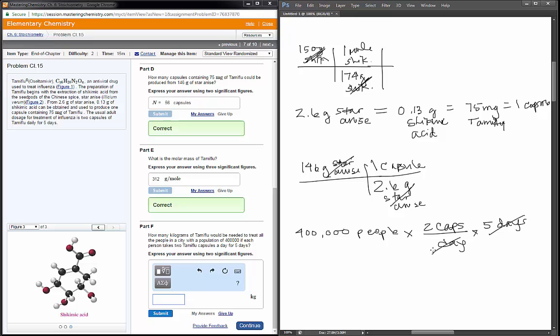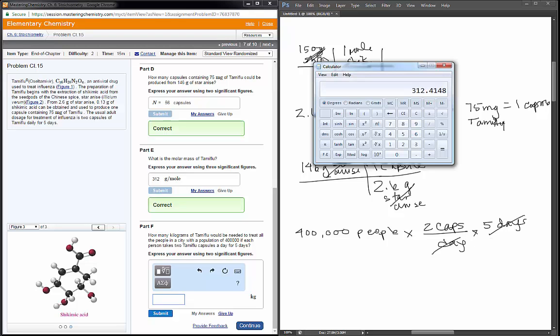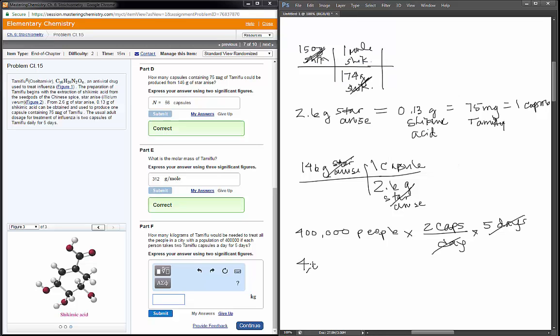So we set that up: 400,000 people times 2 capsules per day times 5 days, days cancel, and we determine how many capsules we're going to need for that many people. So 400,000 times 2 times 5, and that gives me 4 million capsules to treat that population.